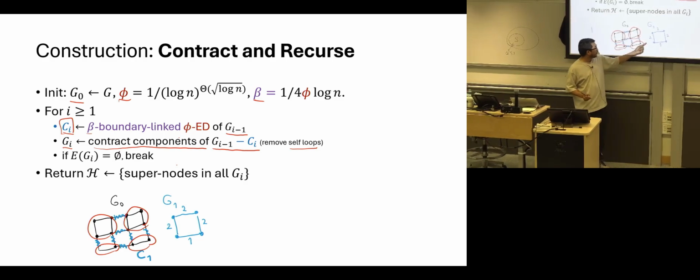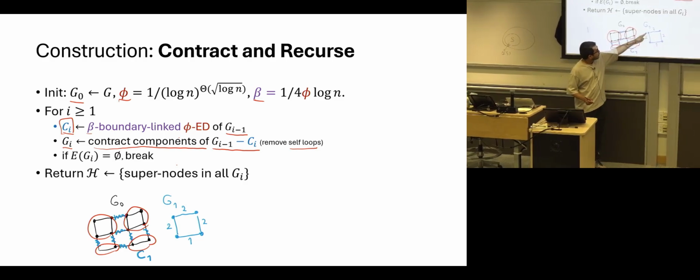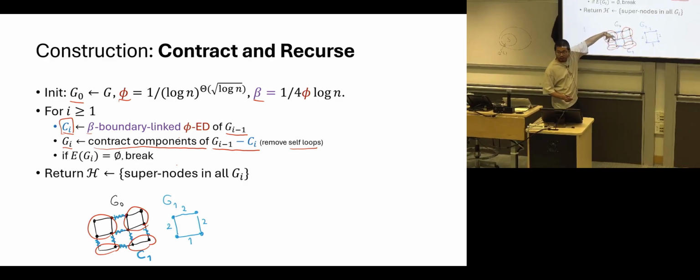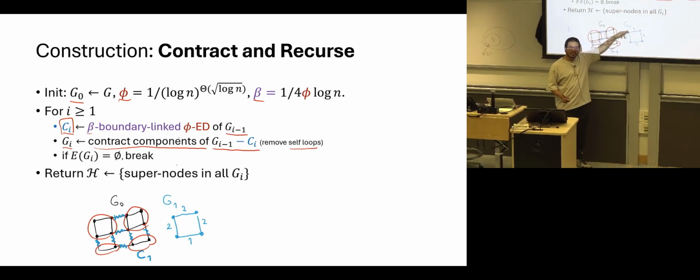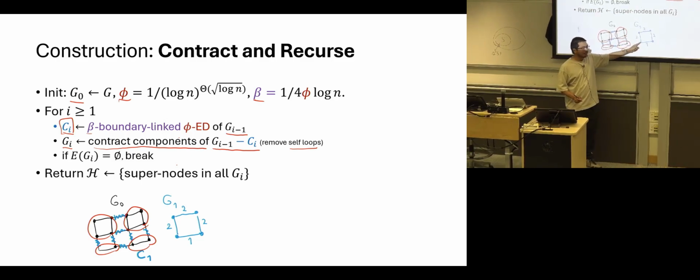The self loops are removed. And now between these 2 guys, there are two edges, so you can draw parallel edges, or you can just draw an edge with capacity 2. Think of this as parallel edges, that's fine too. Okay?